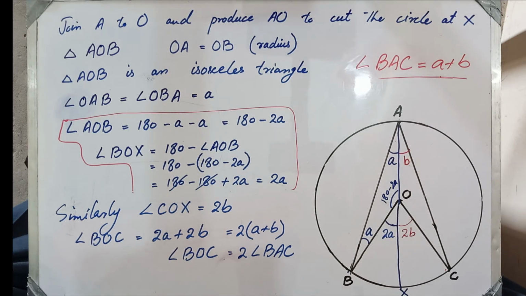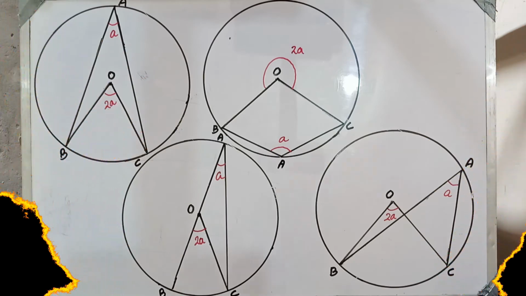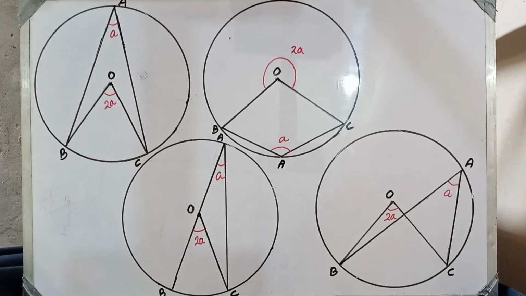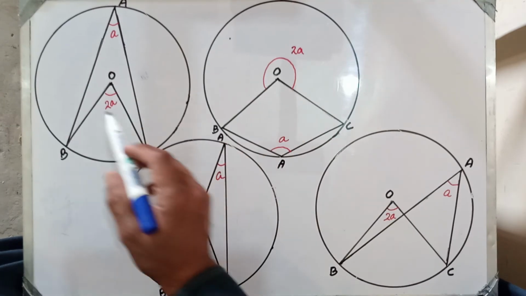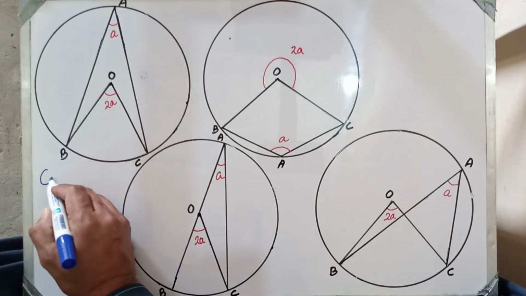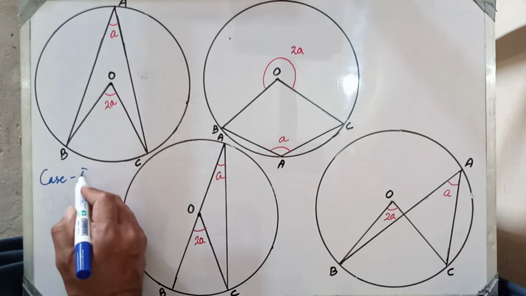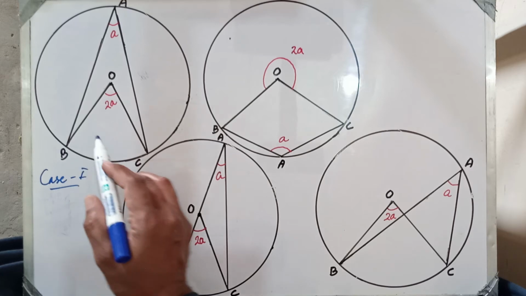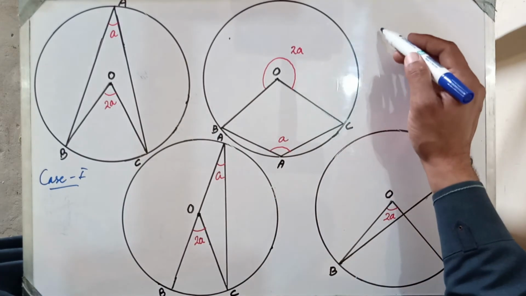Now we discuss its 4 cases. Here you are looking at the 4 cases related to this proof. The proof which we have done covers case 1 and case 2. This is case 1, which we have already discussed, and this is case 2.